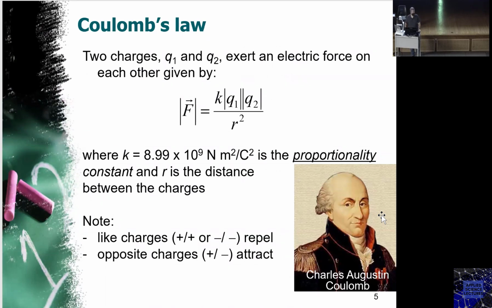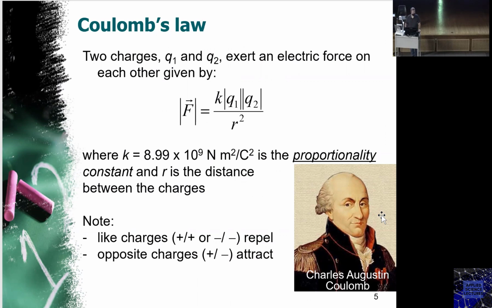So if we have those charges that are of two types, positive and negative, then according to Coulomb's law, there will be forces exerted from this charge on the other charges.